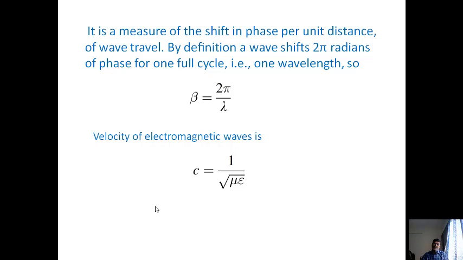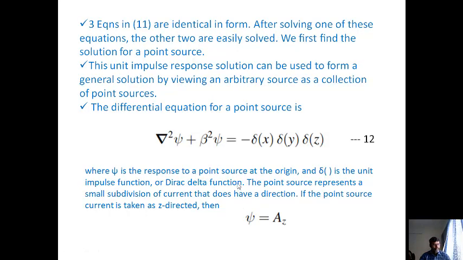By definition, a wave shifts 2 pi radians of phase for one full cycle. That is, one wavelength, which can be represented by lambda, can be related with beta as beta equals 2 pi by lambda, and the velocity of electromagnetic wave propagation is c equals 1 over root of mu epsilon.